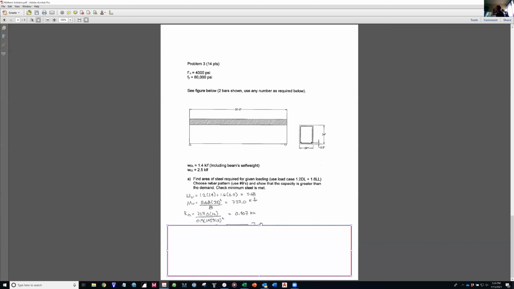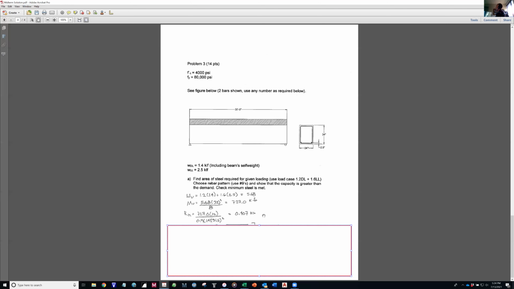From that, you have to find your reinforcement index, Rn. So Rn is Mu over 0.9 b d squared. And the 12 is in there to convert from kip feet to kip inch. And that comes out to be 0.407 ksi or 407 psi.